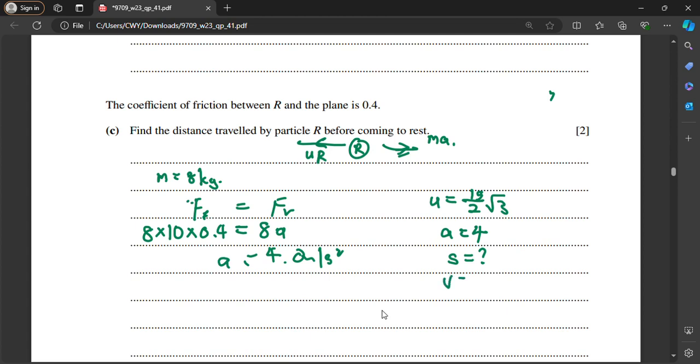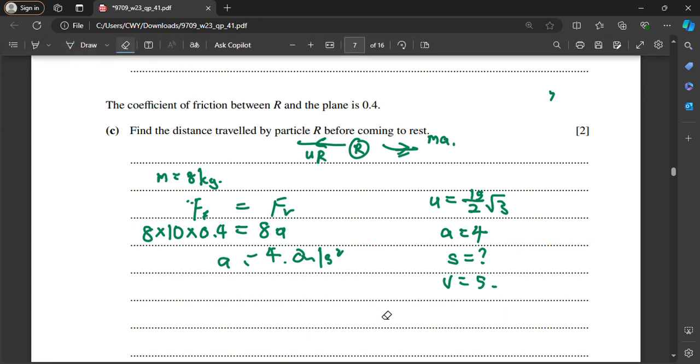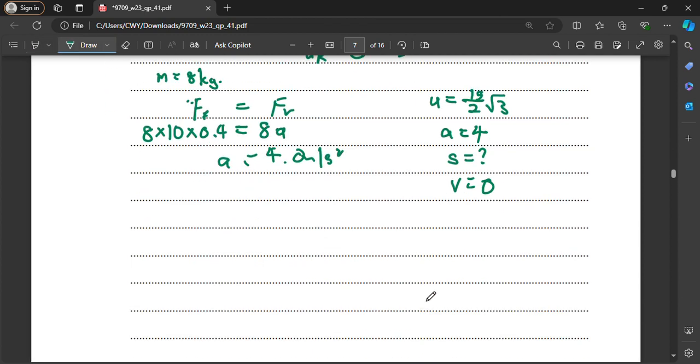Your final velocity is 0, because it says before it comes to rest, so that means it has to be 0. So from here you can use v squared equals u squared plus 2as. v squared is equal to u squared plus 2as, where a is negative because it's moving towards the other side.